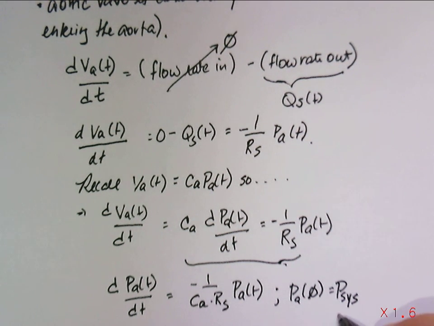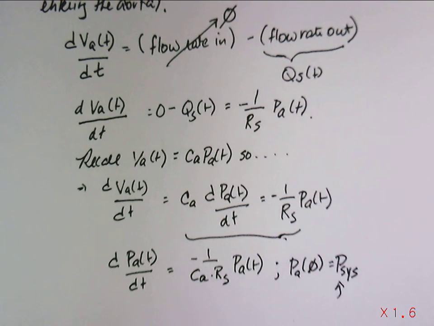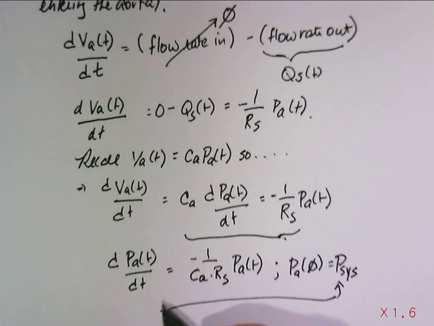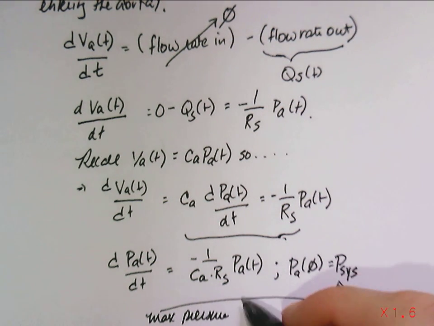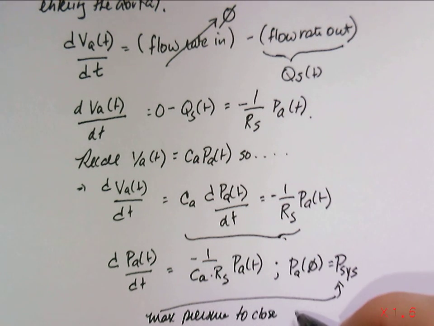One way of looking at this particular value, P sub S, is that this is your max pressure to close the aortic valve. So that's what's necessary to keep that valve closed. All right?